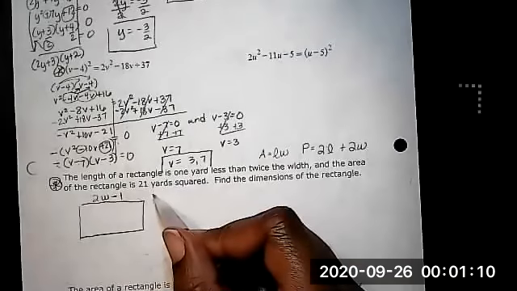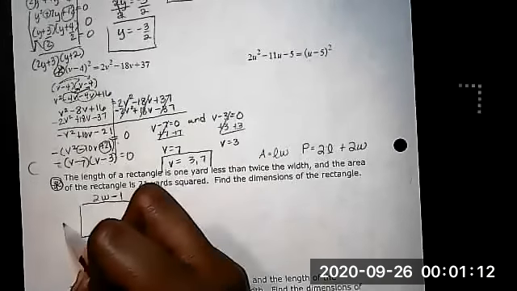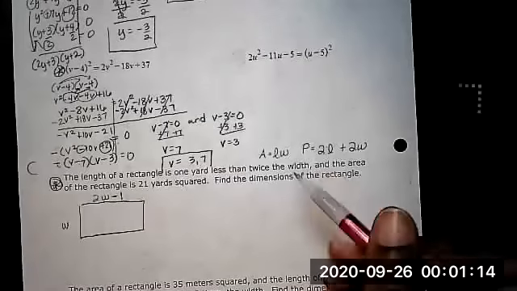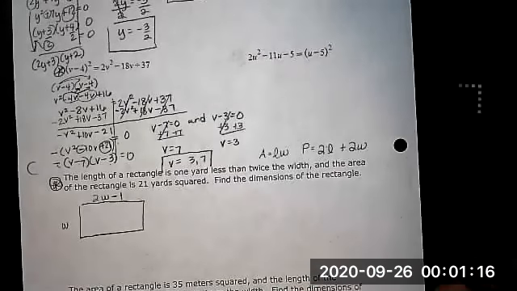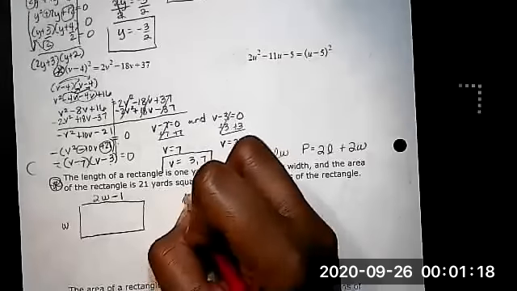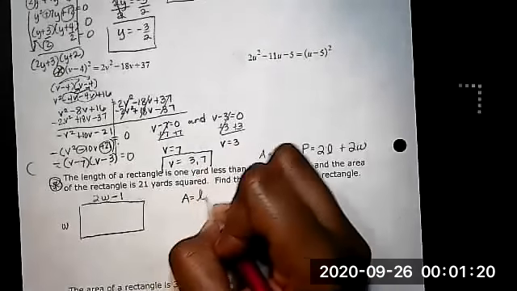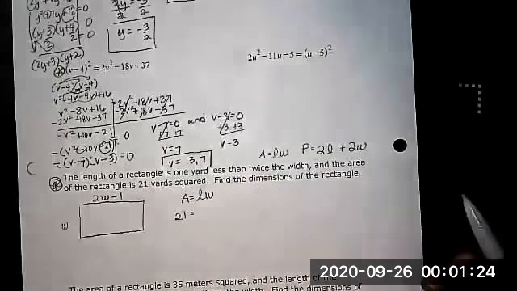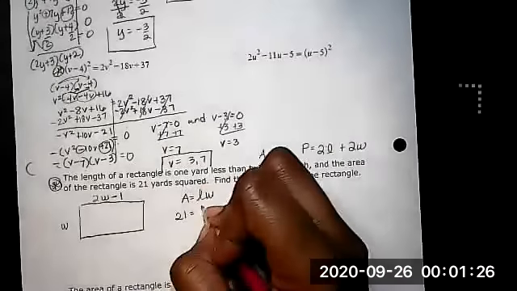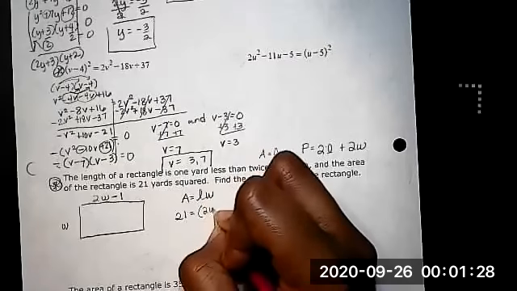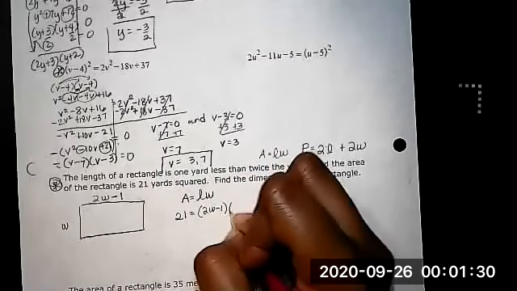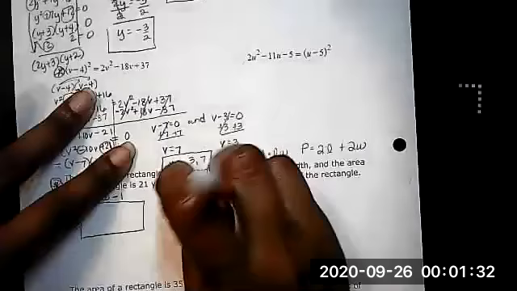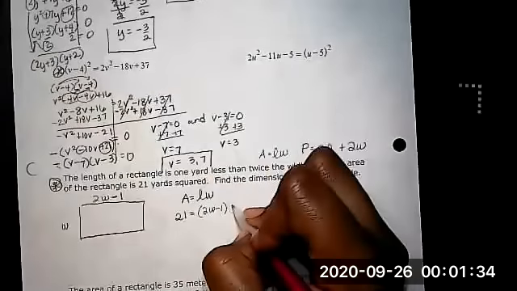And the area of the rectangle, we know, is 21 yards squared. So area equals length times width, and we said area is 21. The length of the rectangle, the L, is 2W minus 1, and the width is just the width. So we're just going to say that.